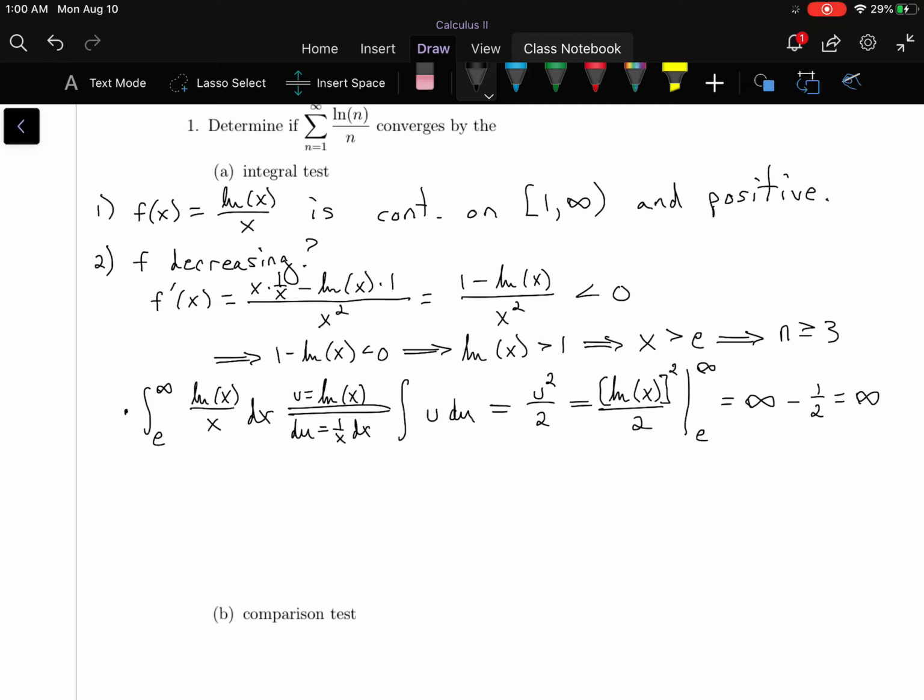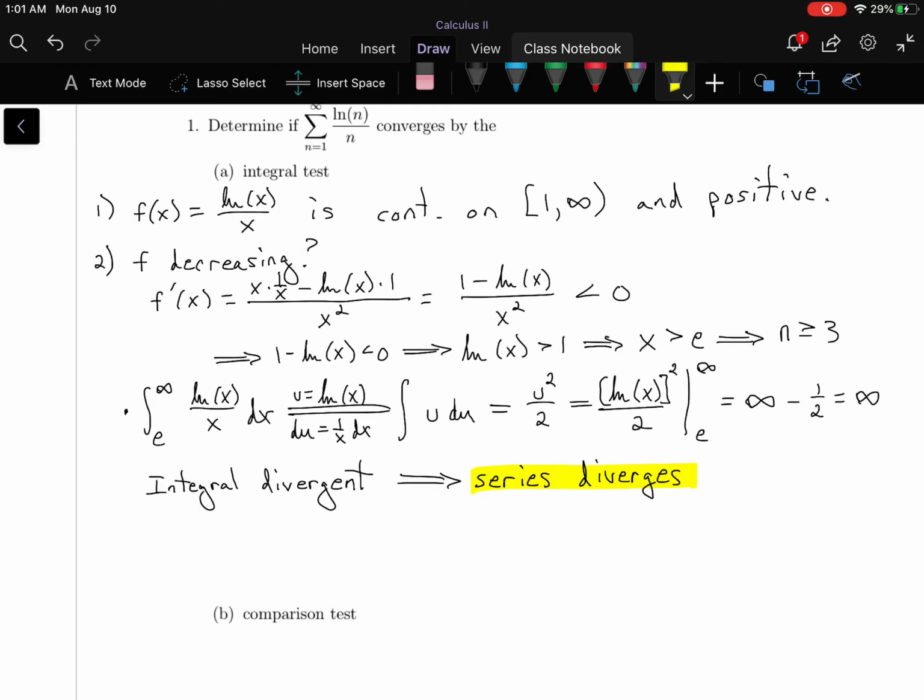And so since the integral is divergent, this implies that the series also diverges. And so that's how you would apply the integral test. It is important to check that the criteria are satisfied, numbers 1 and 2.